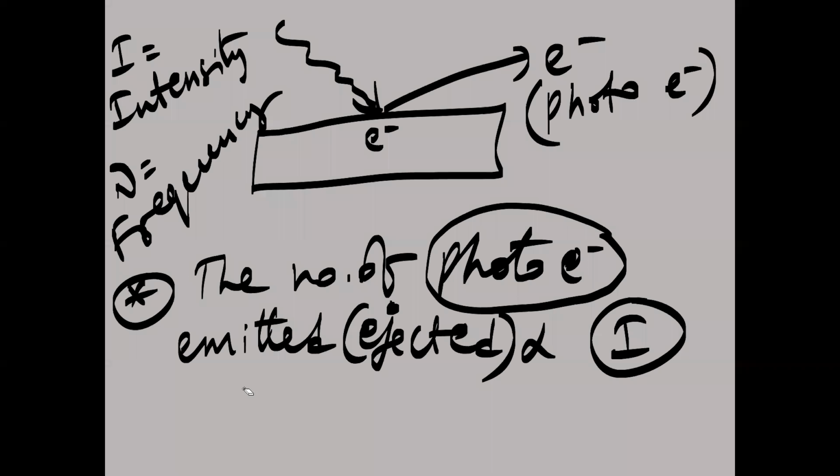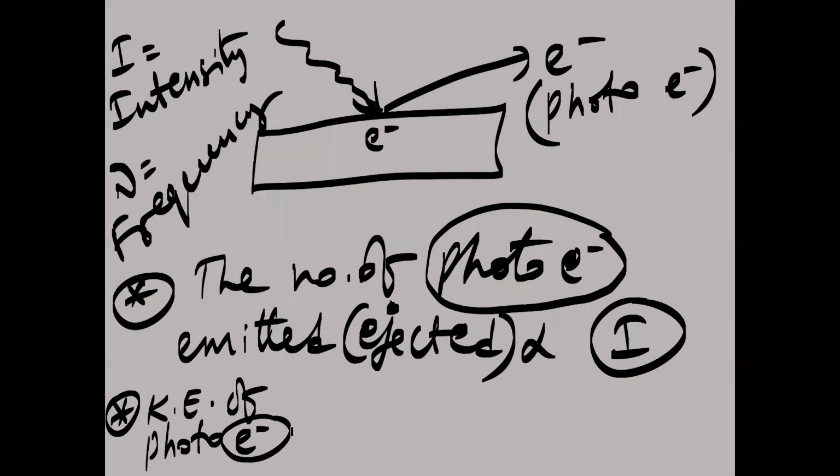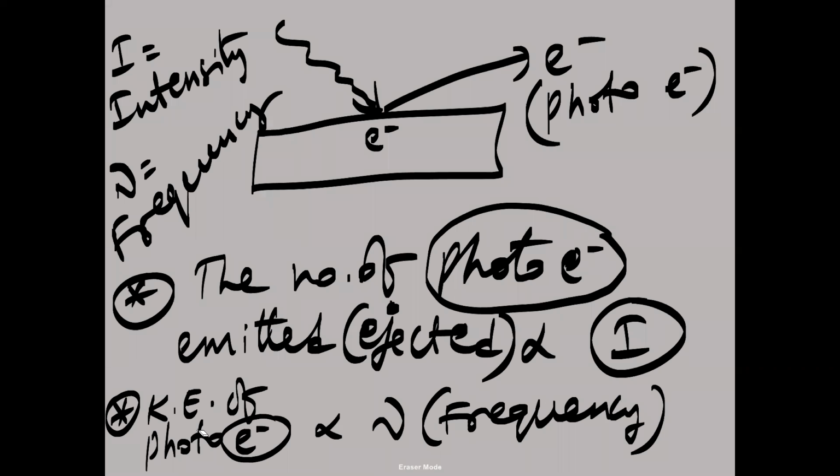Next, the kinetic energy of photoelectrons. The kinetic energy of photoelectrons is directly proportional to the frequency of incident radiation. More the frequency of the incident radiation, more will be the kinetic energy of these electrons.